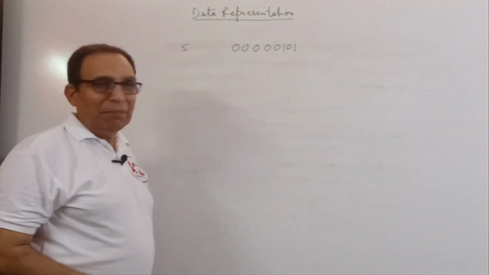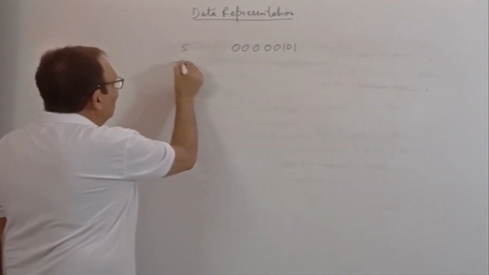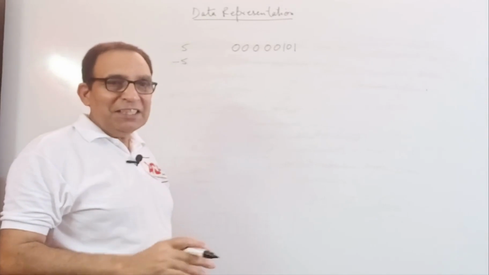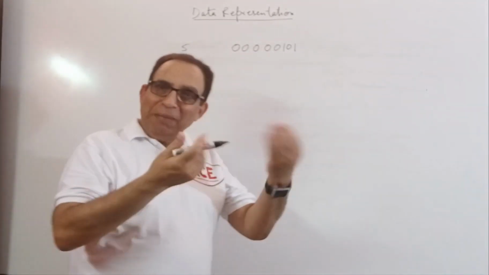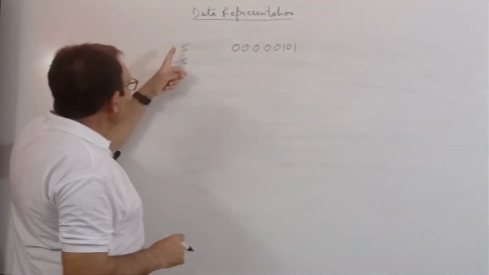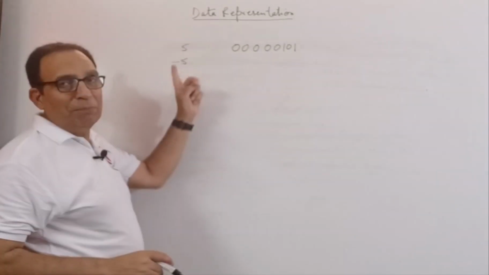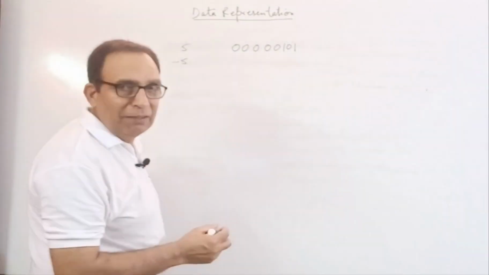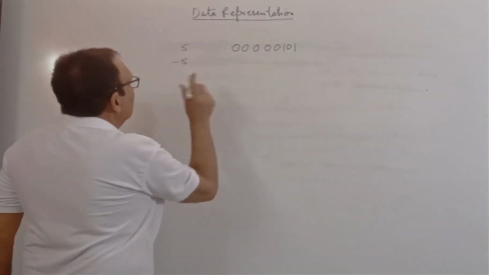If I have to write -5, what do I have to do? I have to write the complement of it. Because when I say +1, the complement of it is -1. So in the same way, if 5 is the number, the complement of that will be -5. How do we write the complement? We call that 1's complement.